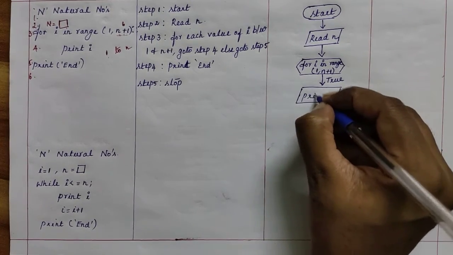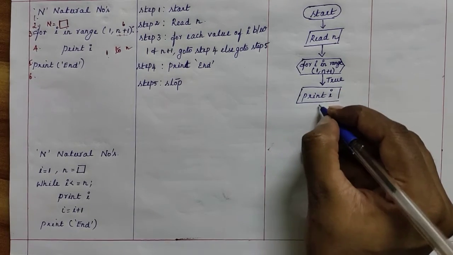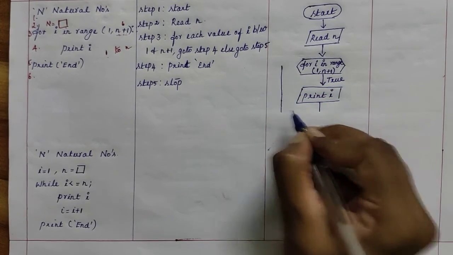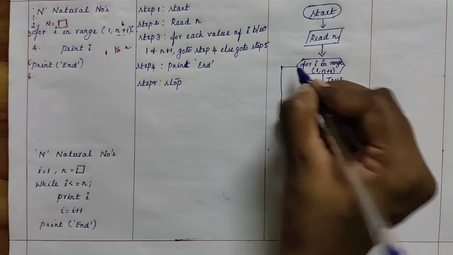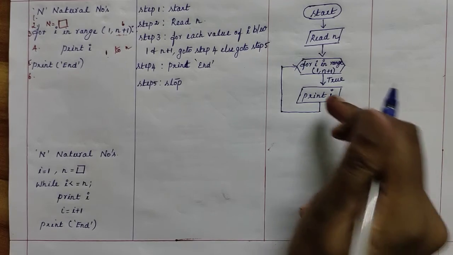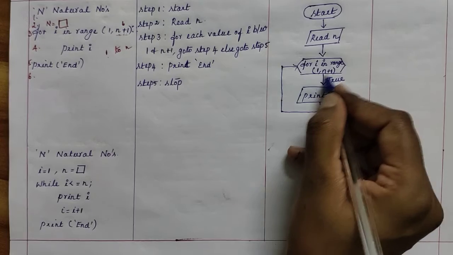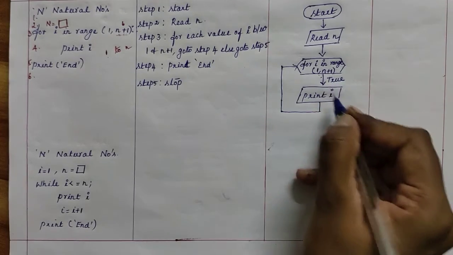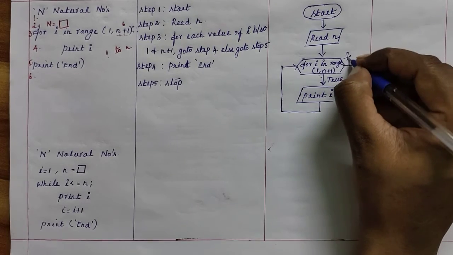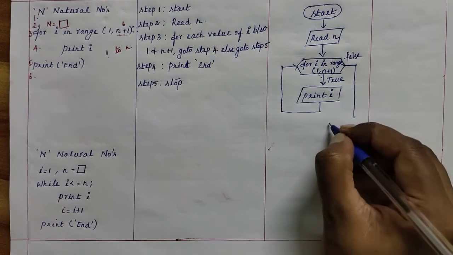So here I am writing print i, and after writing this, control will go back to the for loop, because one value is printed, and then the i value must be incremented, and it is going to print the numbers in this range.